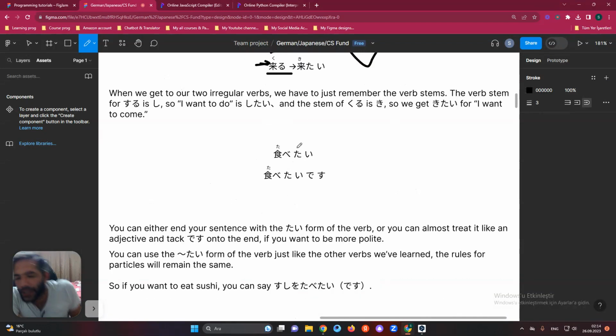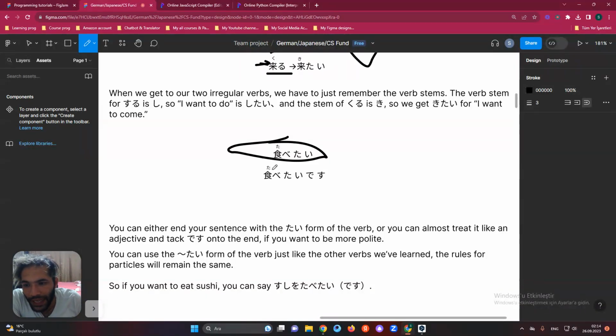So as you see, we have tabetai. Tabetai is wanting to eat, right? You remember? This is kanji again. Don't focus on that, you'll mix up. Me too, I don't always remember what it is.